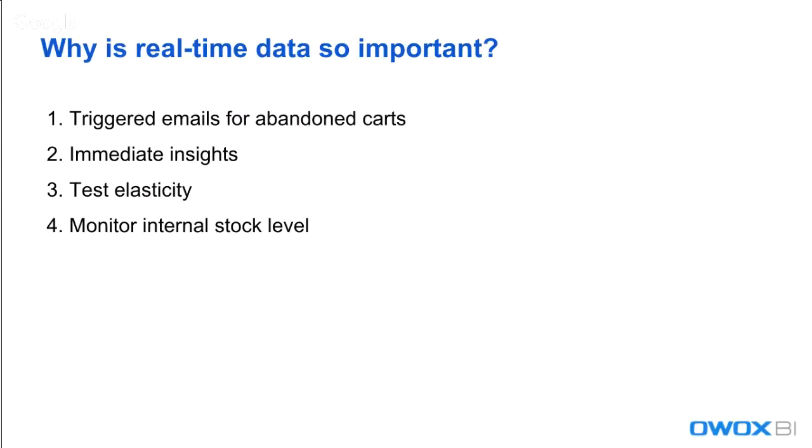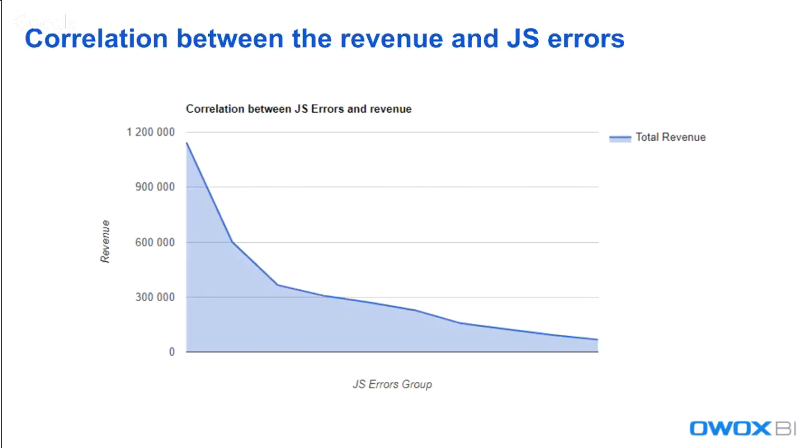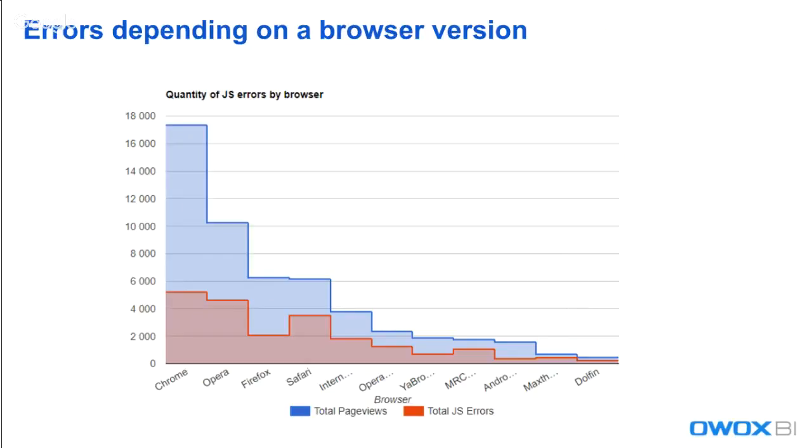Real-time data is also important for JS errors, to build a technical report, to see, for example, the correlation of errors depending on the browser. If it's real-time data, you can always see if something happened on a particular page or in a particular browser version, so you can start fixing it right away.